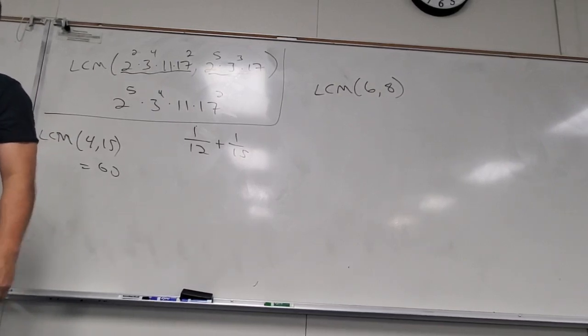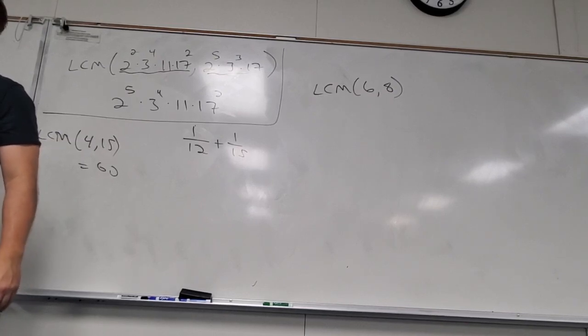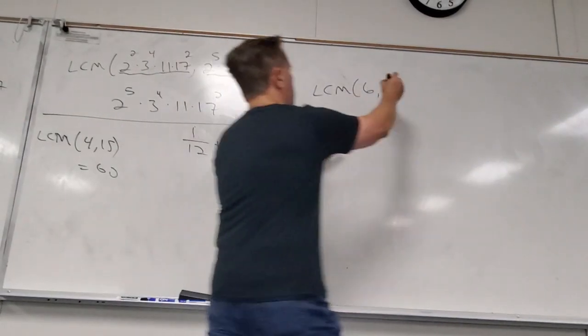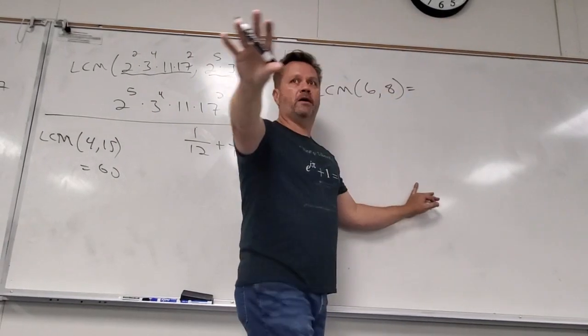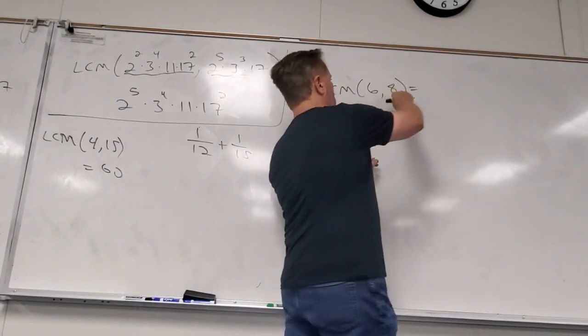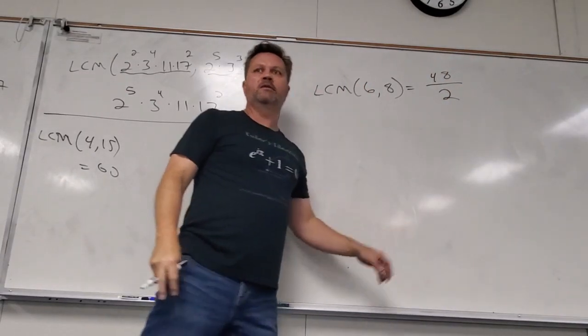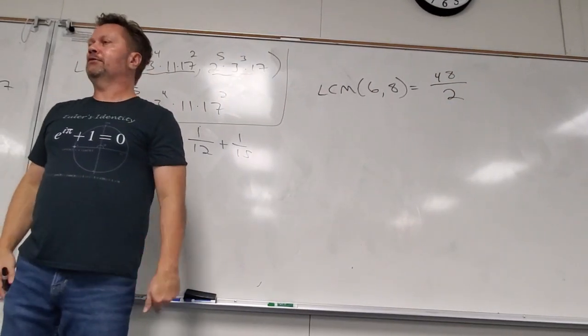What's the biggest number they have in common? 2. Is that cool? 2 is the biggest number they have in common. So this always works, by the way. If I multiply them, but divide by the number they have in common, I will always get the right answer.